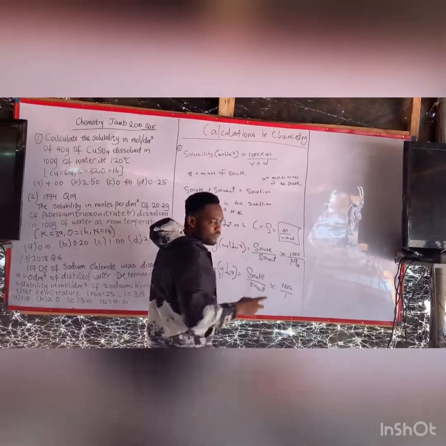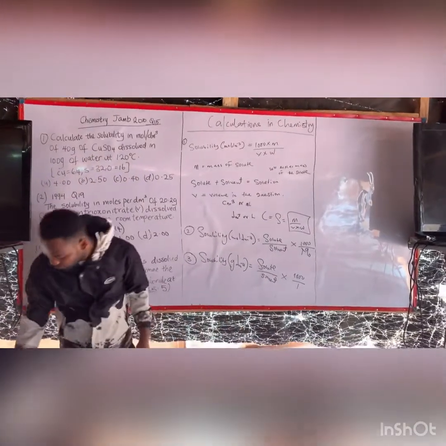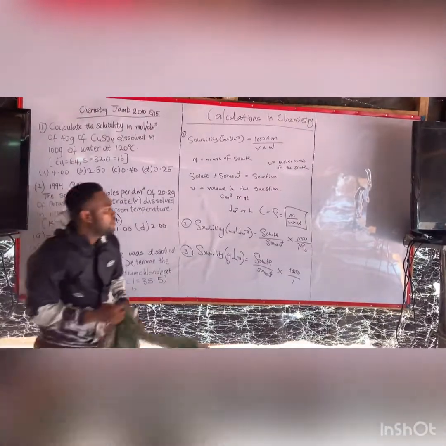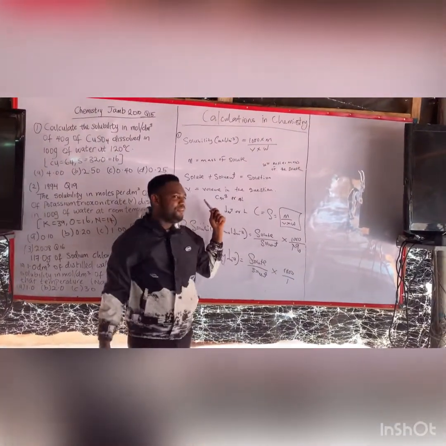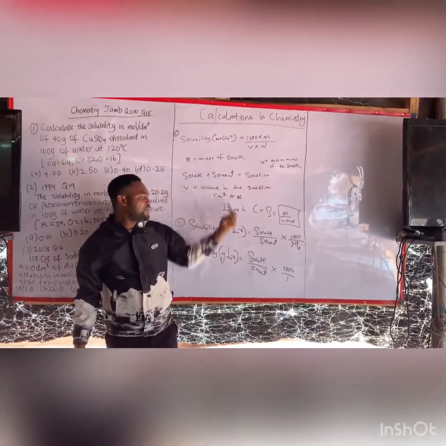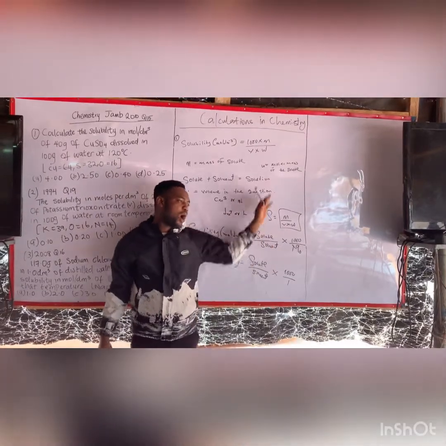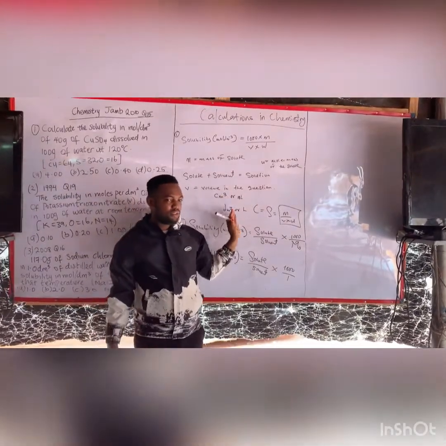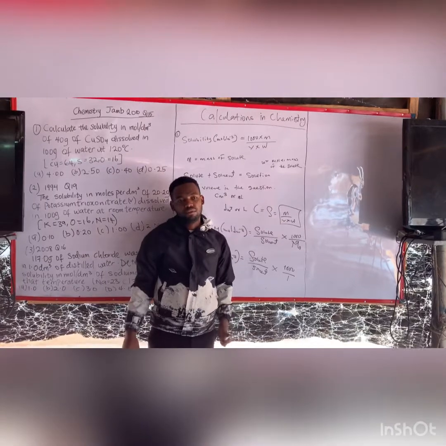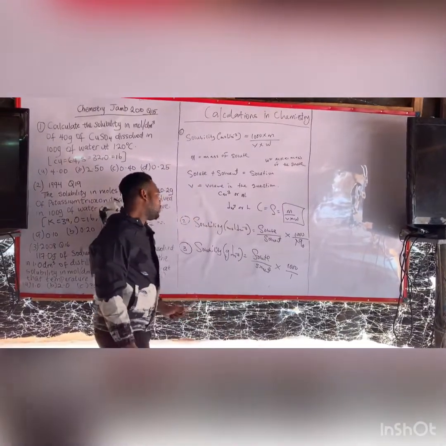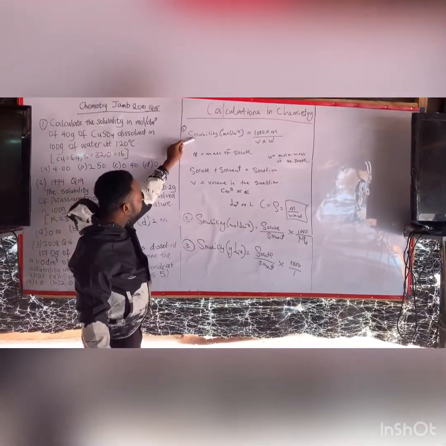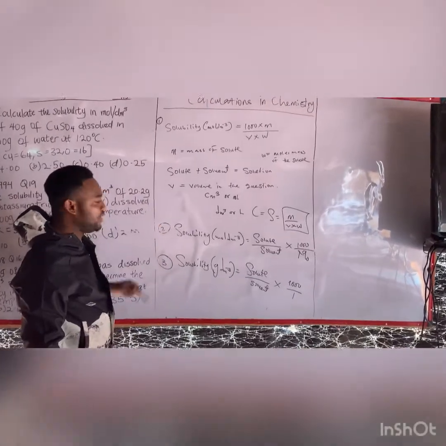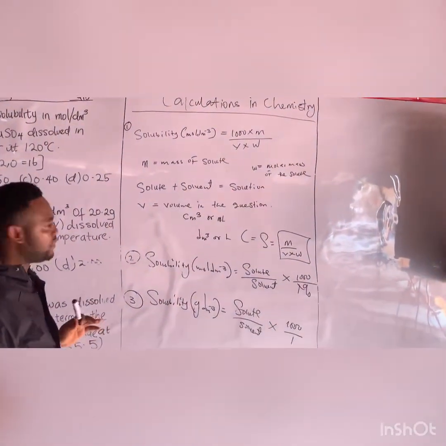So I'm going to solve question 1 right now. So please, if you need to write these formulas down so that I can wipe this board and start solving, take down this formula 1, 2, 3. Sure bet for the exam.